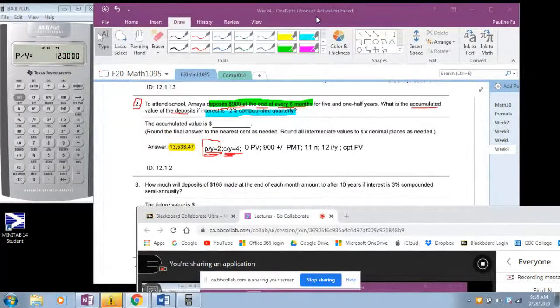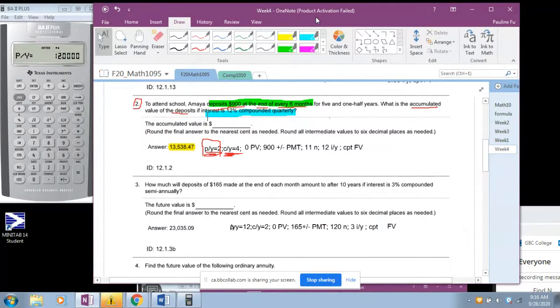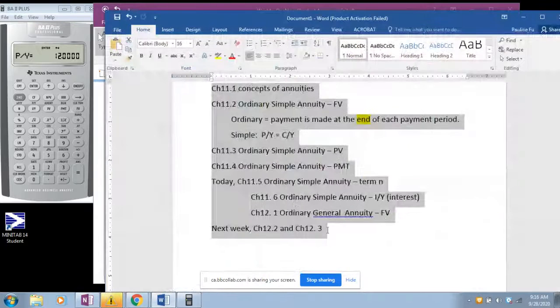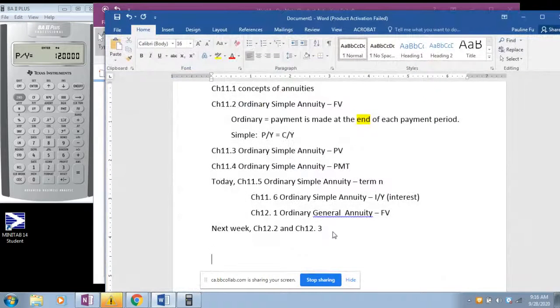What is the definition of CY? CY represents the number of compounding periods per year. I should type this up, give me 1 second, because that is important. So what is PY? Number of payments per year, or number of deposits per year.